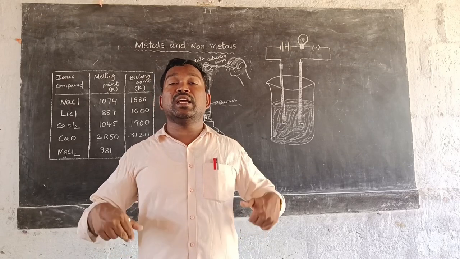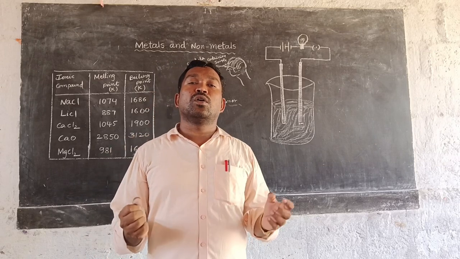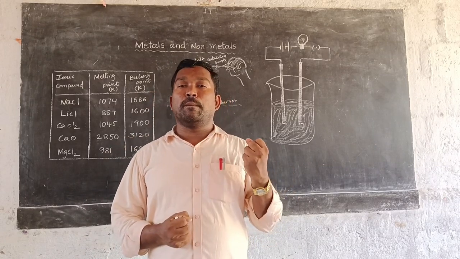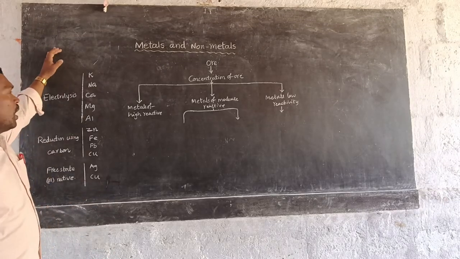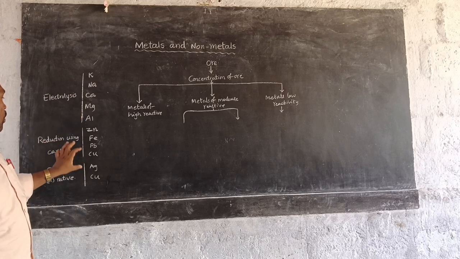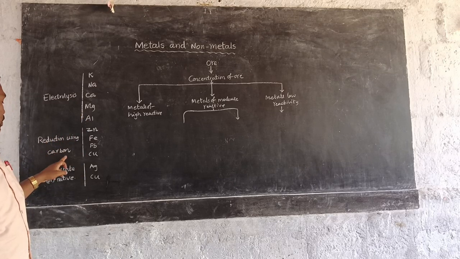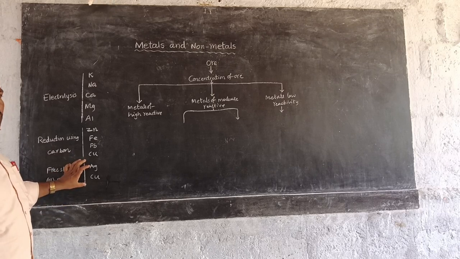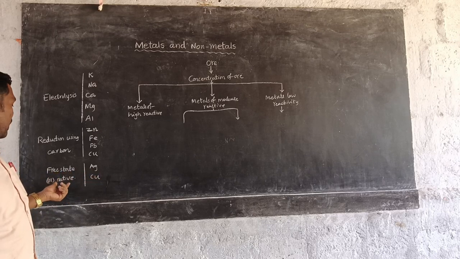We directly apply the electrolysis process and we will get pure metal. Moderate reactive metals undergo reduction using carbon. Free state metals, or native state, means silver and copper.